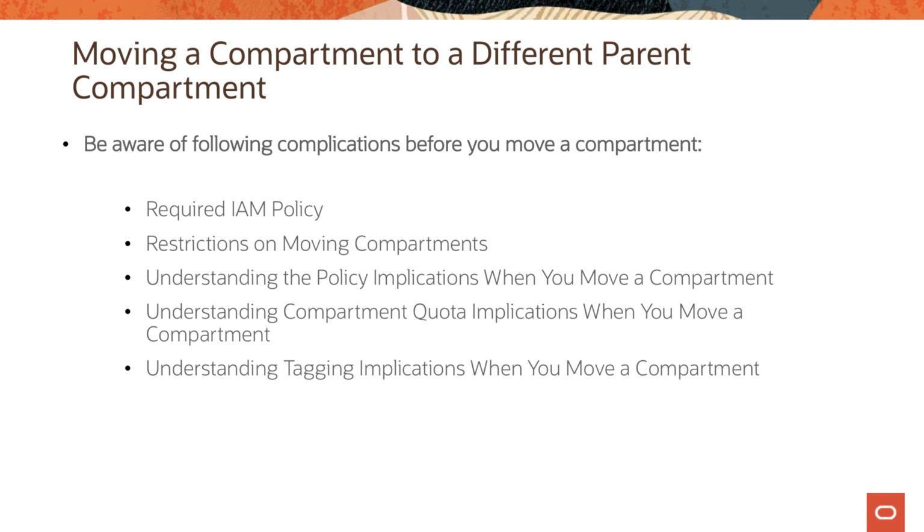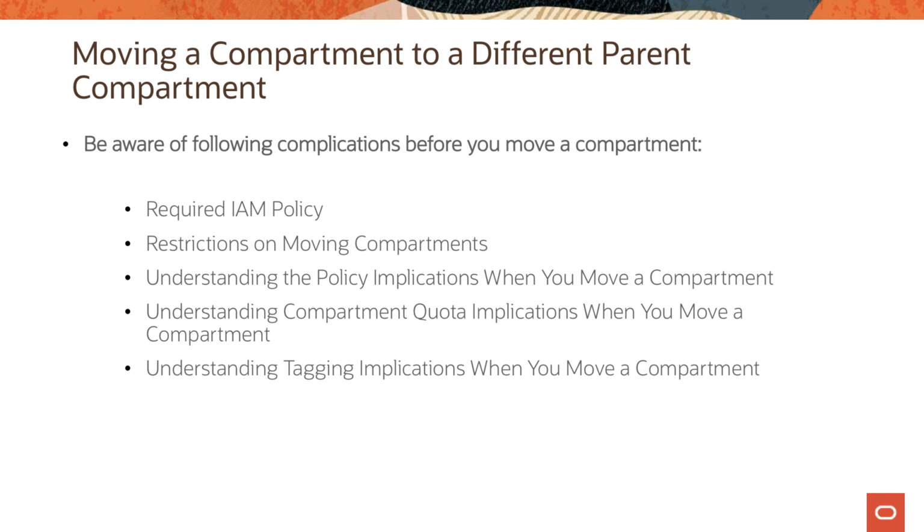And there are some restrictions, and these restrictions in moving compartments are related to the names. So you can't move a compartment to a destination parent compartment with the same name as the compartment you're moving.